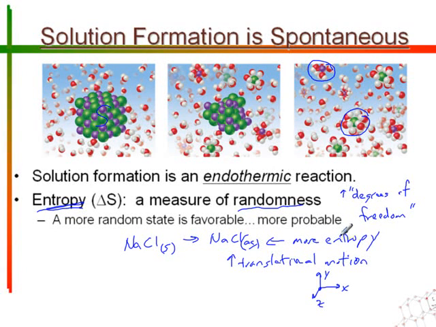Now, actually, one point that I want to make here is there's actually a decrease in the entropy for the water molecule. Let's just take a look at that just for a second. Just appreciate the complexity of this issue. Up in this first picture, all the water molecules are pretty much freely moving around.